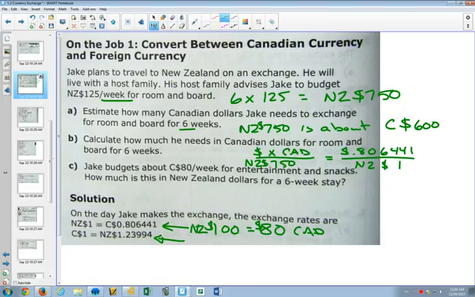We'd have to multiply both sides by 750. Go to your calculator. $604.83.